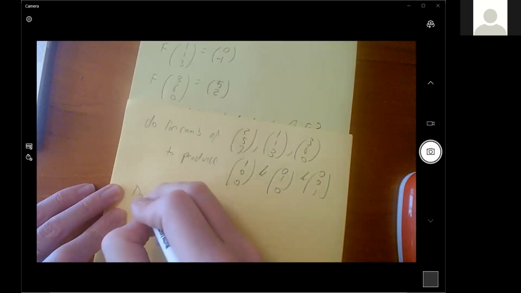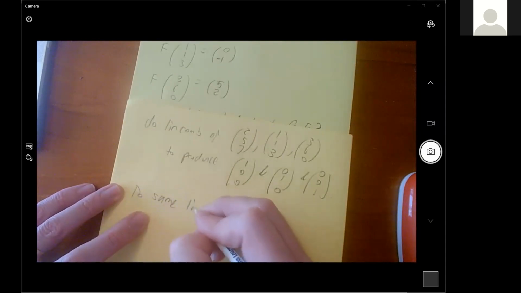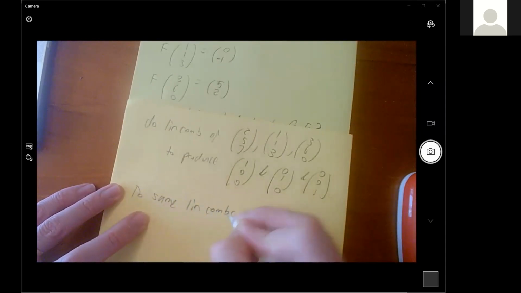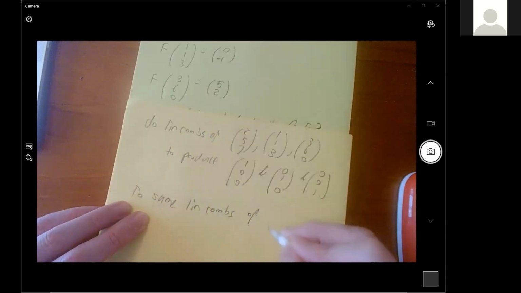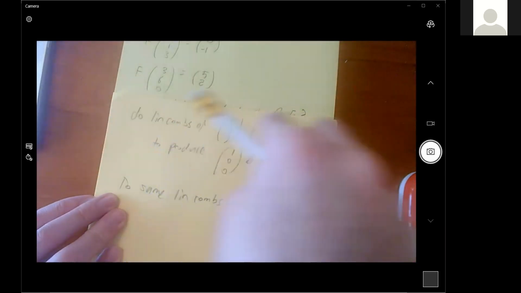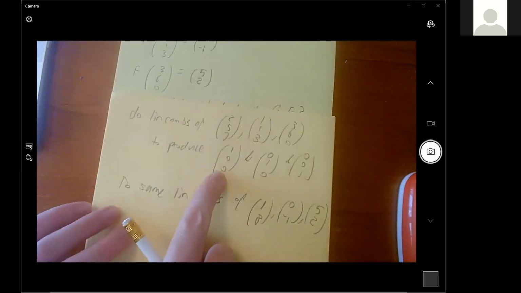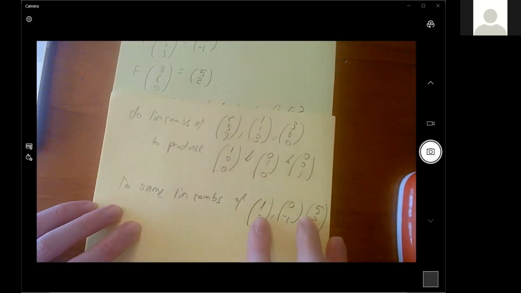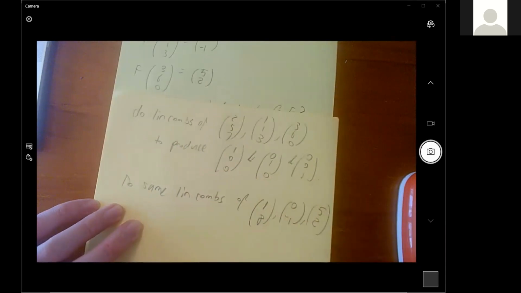And then I want to do the same linear combinations of the outputs. If I could figure out some multiple of each of these that produced that answer, then the same multiple of each of these would produce whatever f of that is. That's the goal.